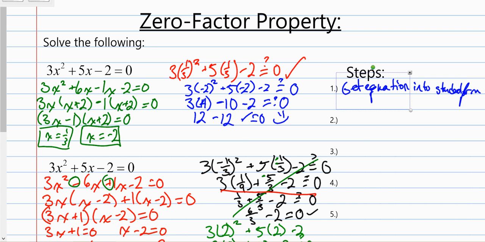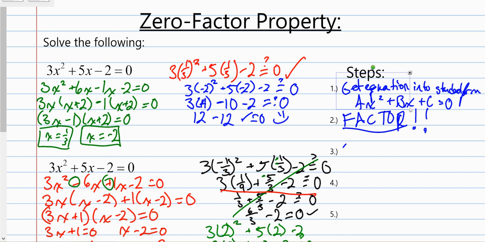And remember, that's our ax squared plus bx plus c equals 0. The next step, factor the expression. That is not going to go away. If you're not good at it yet, you will be. You're going to do a lot of it.